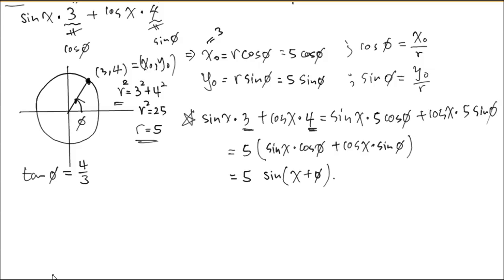Is that right? And I don't want you to go and conclude that phi is a tangent inverse. Just first calculate tangent inverse of 4/3. Can somebody calculate the approximate value of this one, please? 4/3, I think is 0.9.